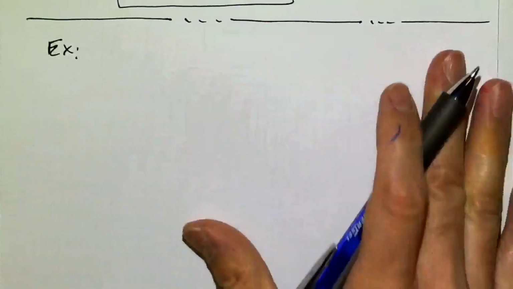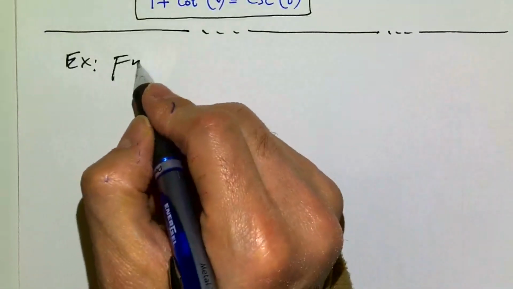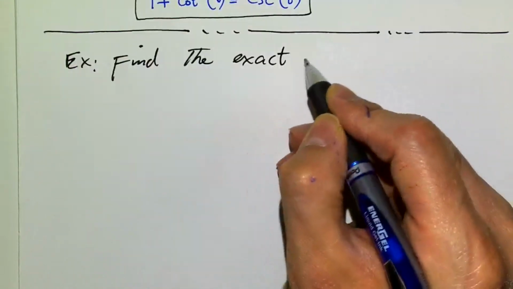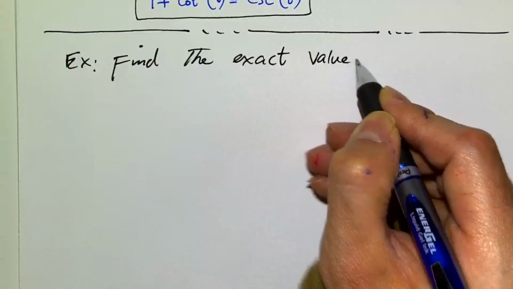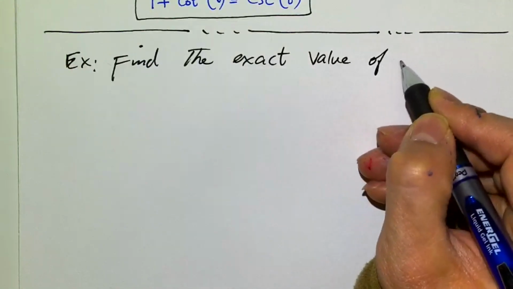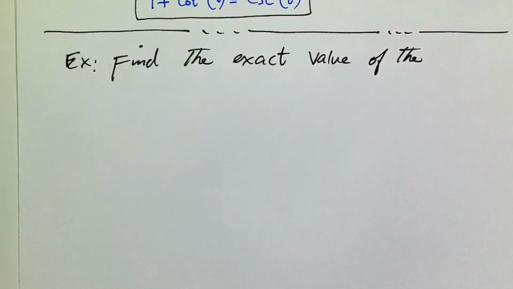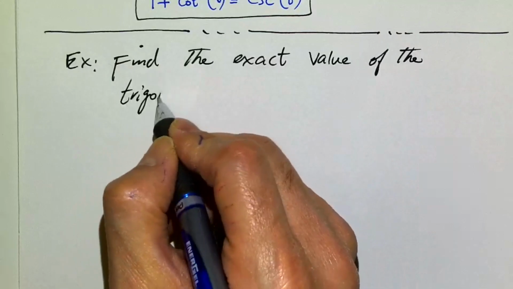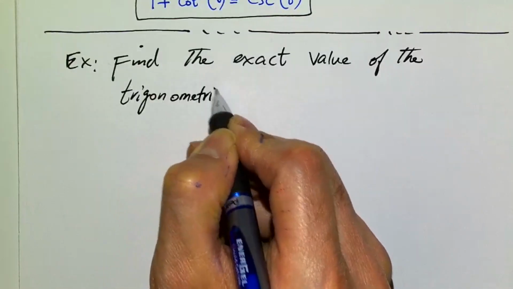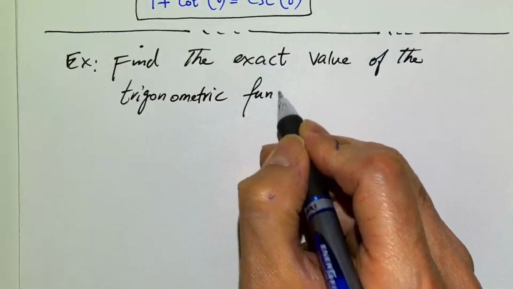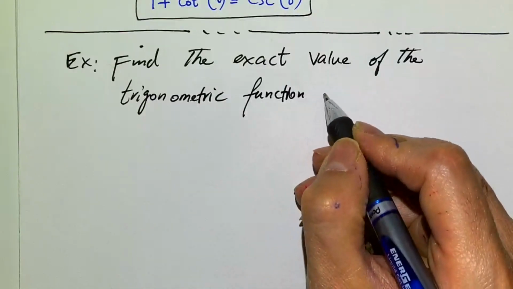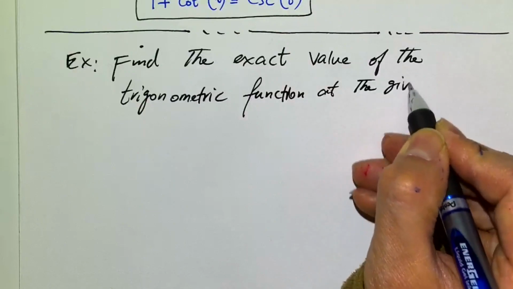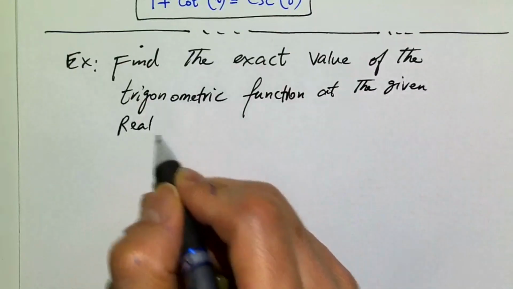We want to find the exact value of the trigonometric function at the given real number.